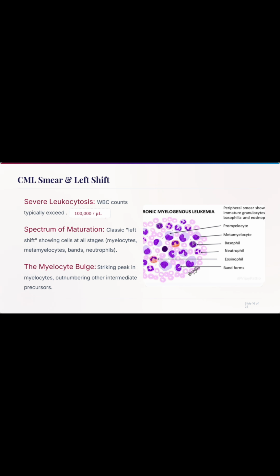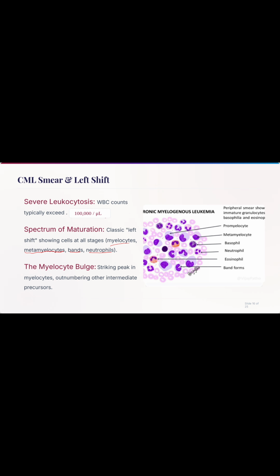Classic left shift showing cells at all stages. That is, myelocytes are seen, metamyelocytes are seen, bands are seen, and neutrophils are also seen. The myelocyte bulge. Striking peak in myelocytes, outnumbering the other immediate precursors.